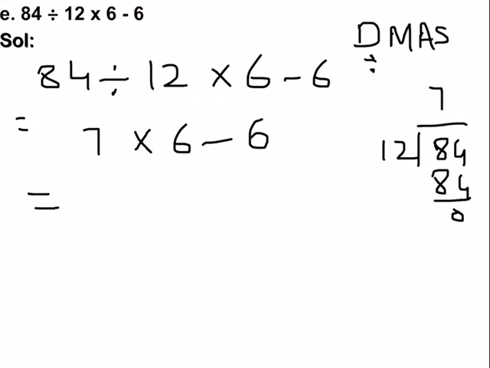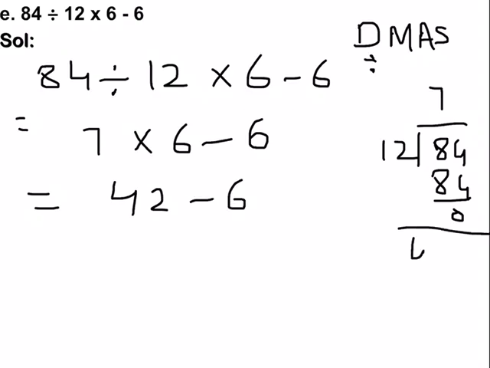Now multiplication and subtraction. First we will solve multiplication. 7 1s are 7. 7 2s are 14. 7 3s are 21. 7 4s are 28. 7 5s are 35. 7 6s are 42. 42 minus 6.